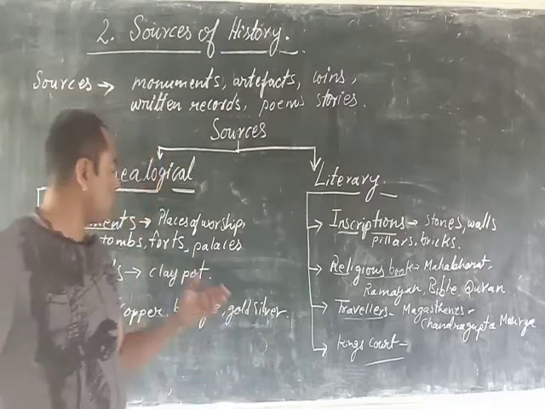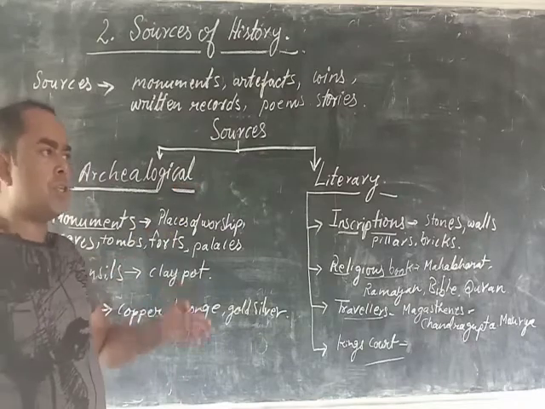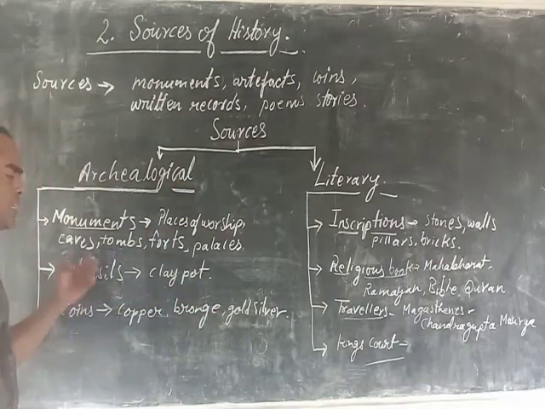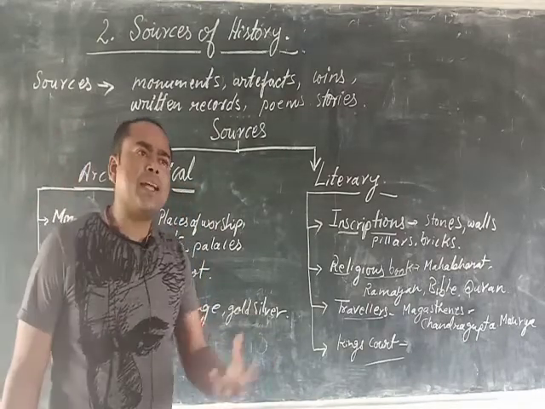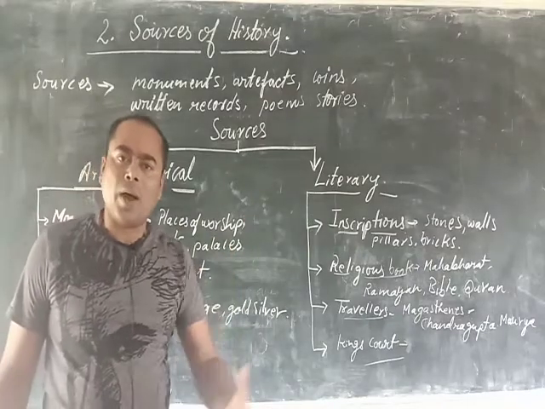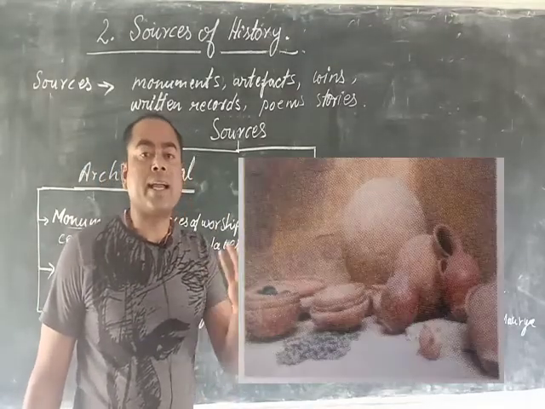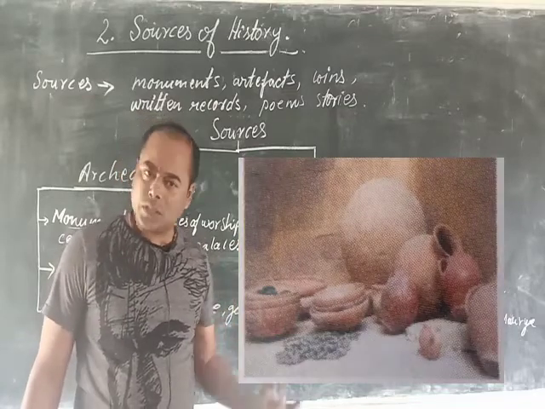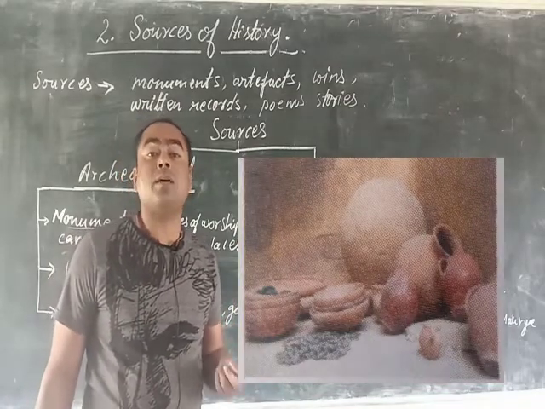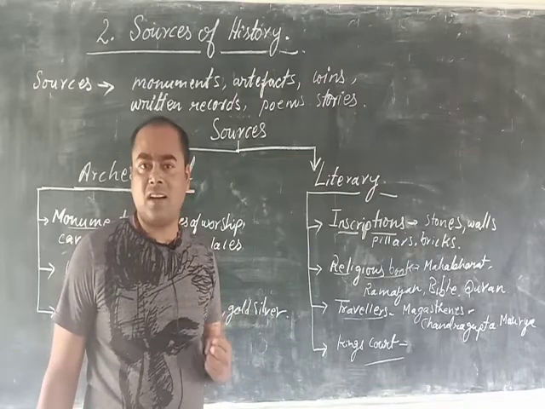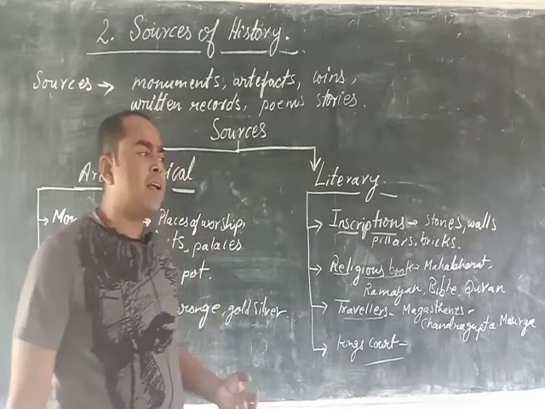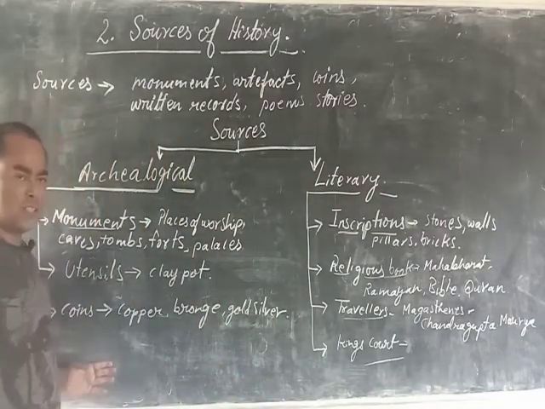Is that clear? Now the next archaeological sources are utensils, the old utensils buried under the soil. When archaeologists dig the soil and find some old clay pots or bronze utensils, they give us sound knowledge about the people of that era. Is that clear? And lastly, coins.